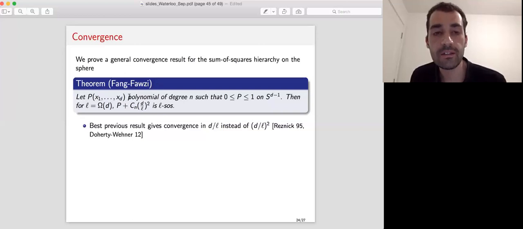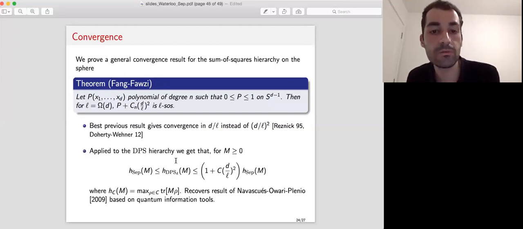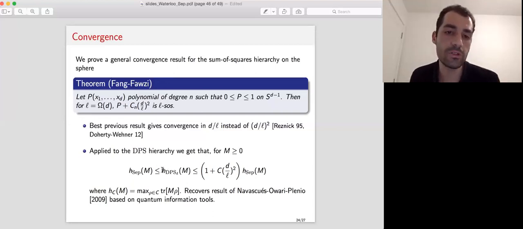And the same machinery that we use to prove this result can be applied to get a bound on the convergence of the DPS hierarchy. So this is what we can show.